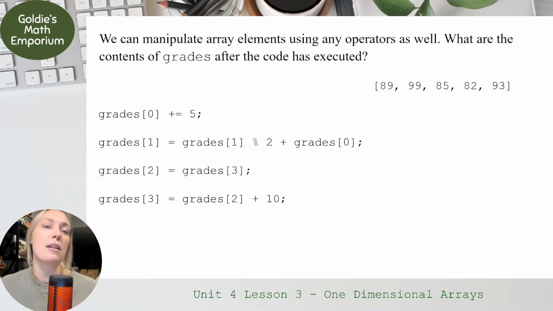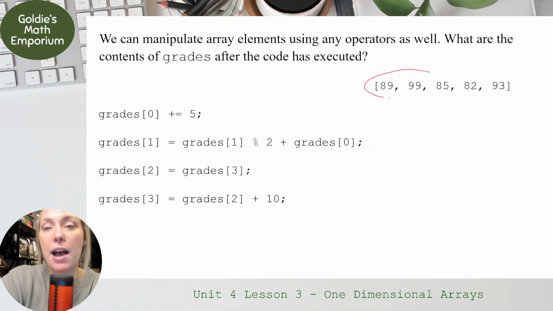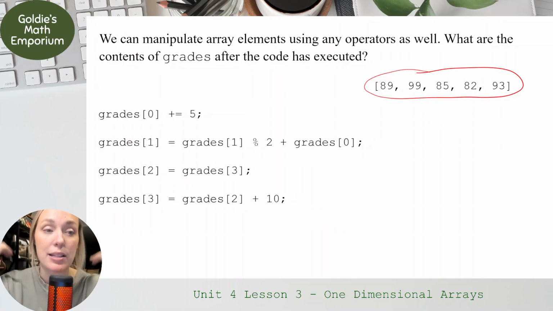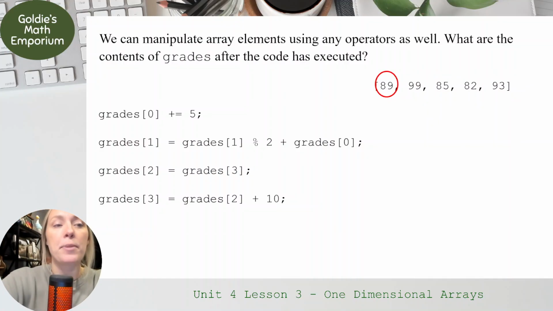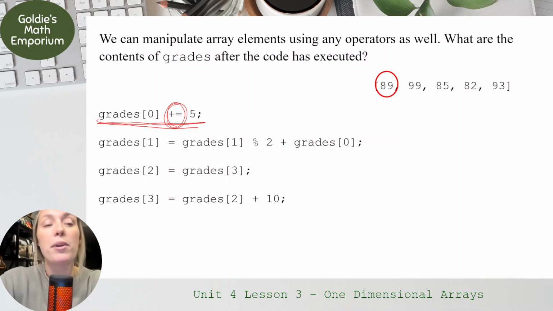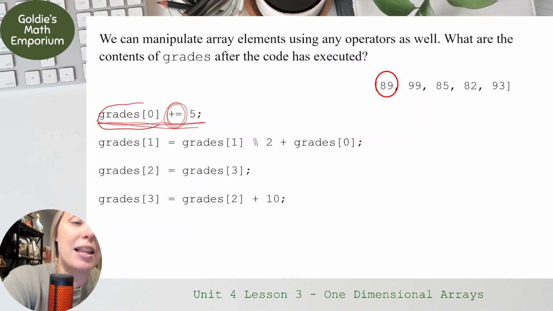What are the contents of grades after the code has executed? Right here I have the current contents of the array, and we're going to go through each line and see how this changes as we go through. So this says grades[0] += 5. What does this plus equal mean? Remember, it says take this element, add 5 to it, and then store it back in that element.